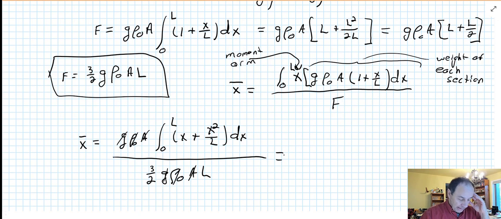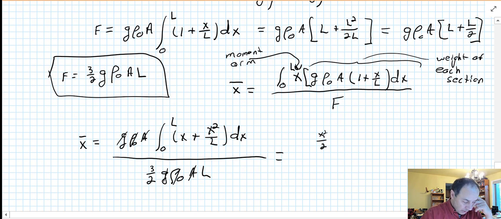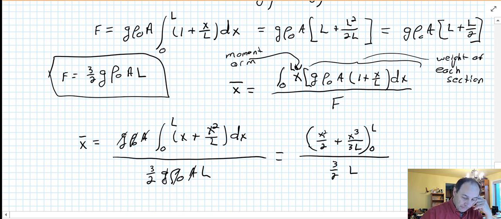When we do the integration, we have x squared over 2 plus x cubed over 3L, with the limits 0 to L, over 3/2 L.